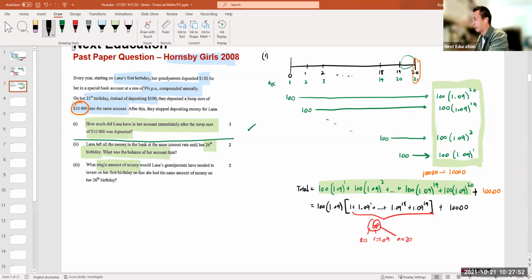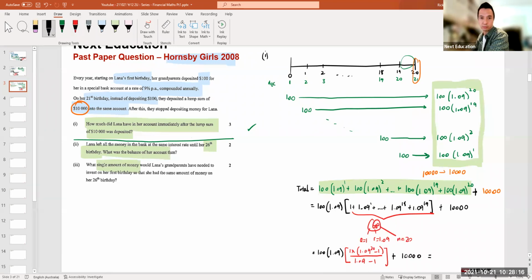And so my calculation is going to be 1 times 1.09 to the power of 20 minus 1, over 0.09 minus 1, and don't forget the 10,000 on the back, right?